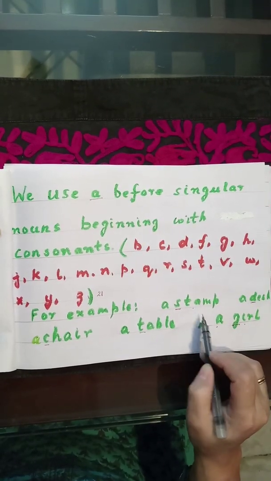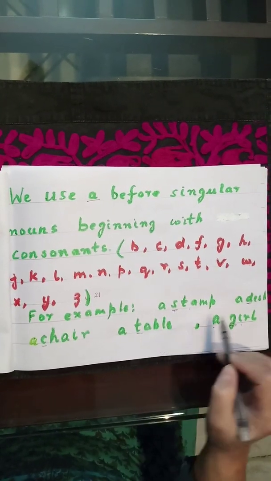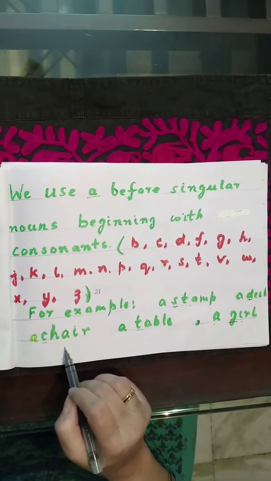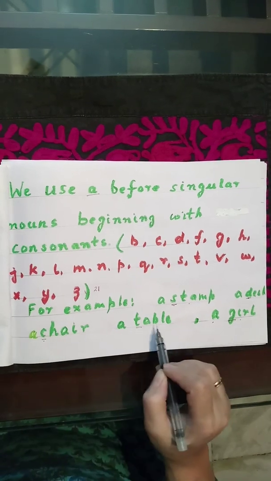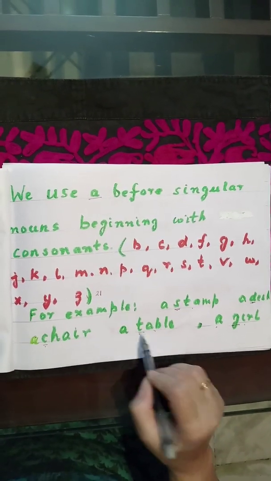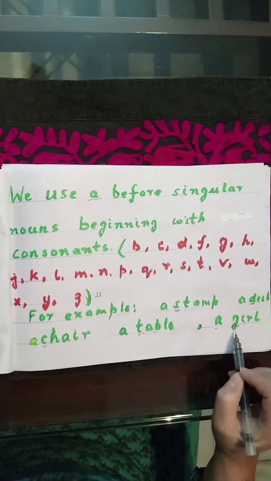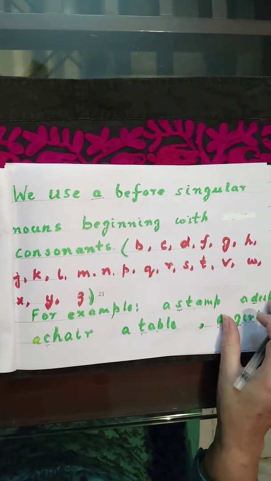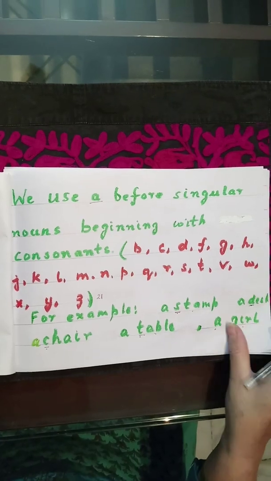In a stamp, S is a consonant. And here again in the desk, D is a consonant. And in a chair, C is a consonant. In a table, T is a consonant. And in girl, G is a consonant. So, we use a before singular nouns beginning with consonants.